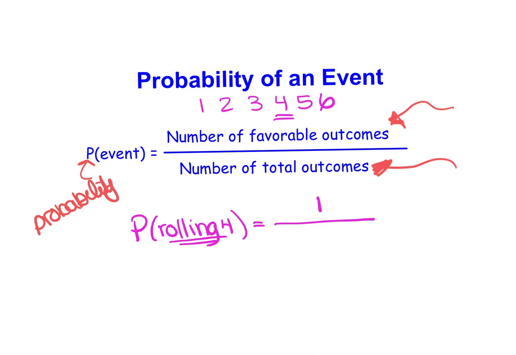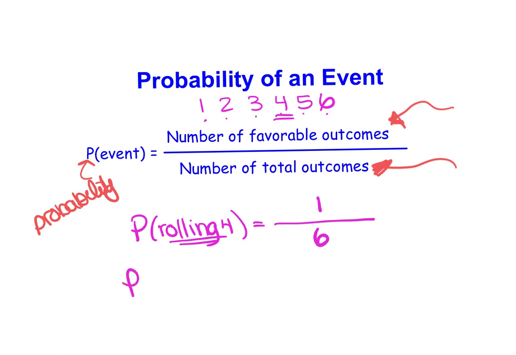Then in our denominator, we calculate the number of total outcomes. So here we can see we have 1, 2, 3, 4, 5, 6 total outcomes. So we have a 6 in our denominator. So our probability of rolling a 4 is 1/6, because 1 is the number of favorable outcomes, over 6, which is our number of total outcomes.